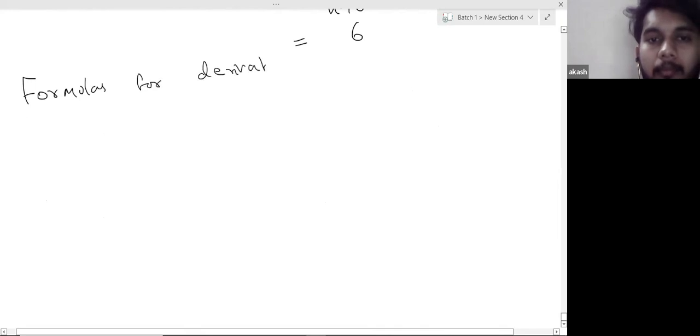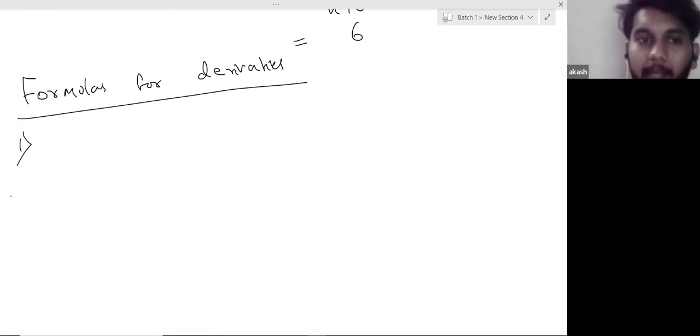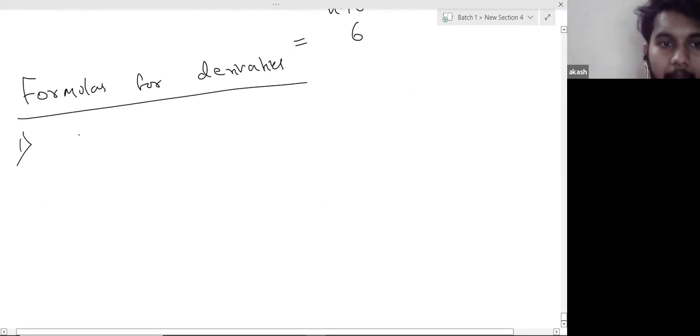So this was all for first principle. All right, now formulas. These are a few formulas that we already deduced using first principles, and you have to memorize them. So derivative of x raised to the power n, there is some power of x.